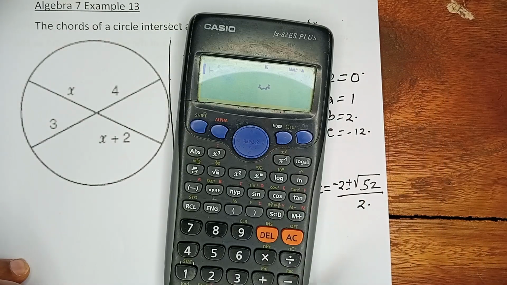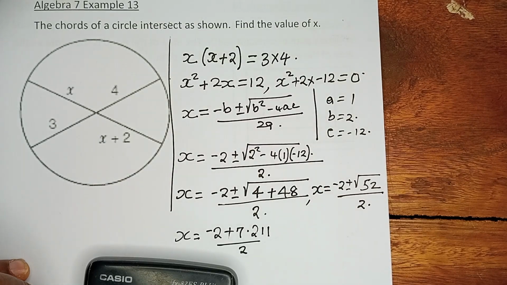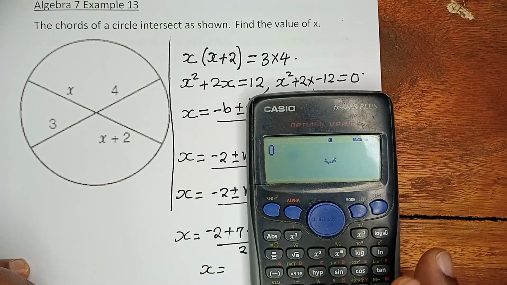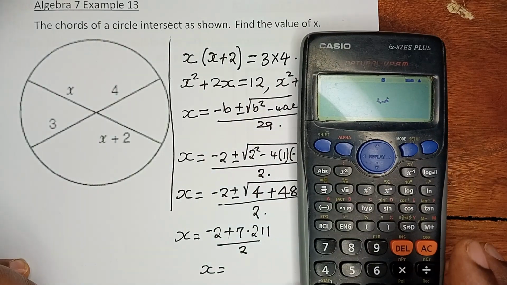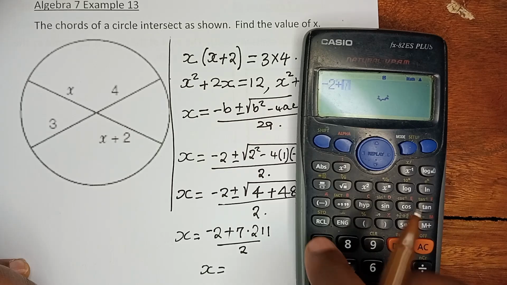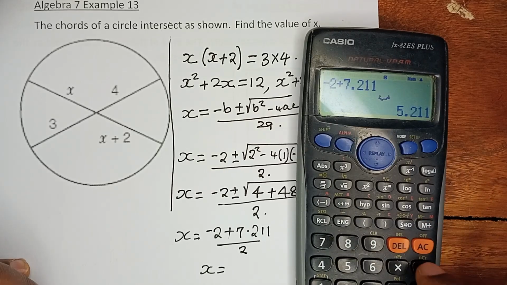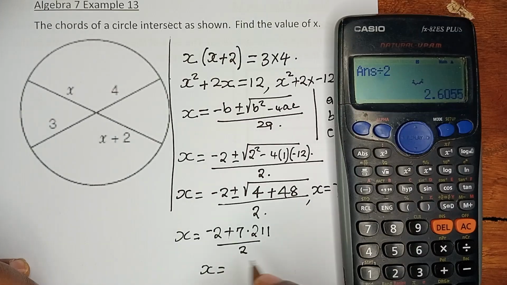I do that again. Minus 2 plus 7.211 is equal to that. Everything divided by 2, we have x is, as you can see, minus 2 plus 7.211, which is that. Divide that by 2, we have 2.61.